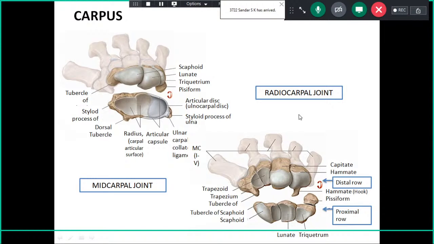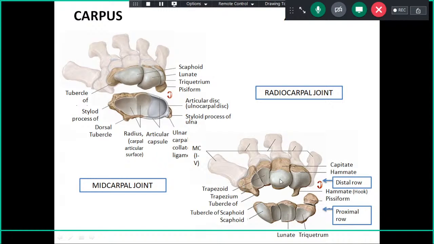This is to show the articulations of the carpal bones. One of the joints is the radiocarpal joint. Very characteristically, when I was telling you about the rows, I told you that there is a joint between the proximal row of the carpal bones and the distal row of the carpal bones.